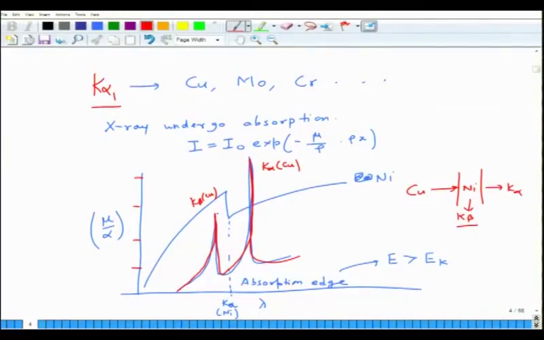As a result, what you get out of the system is predominantly K alpha. So, one use of this absorption edge property is to choose a material which can be used as a filter to give you the wavelength that you want for the incoming radiation.